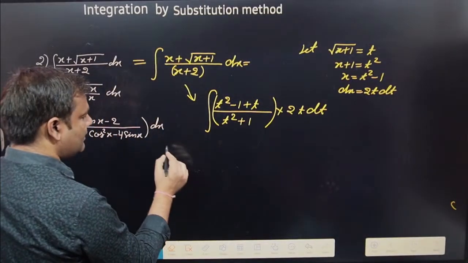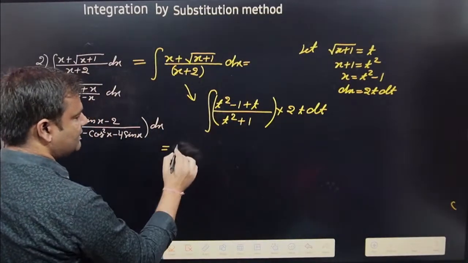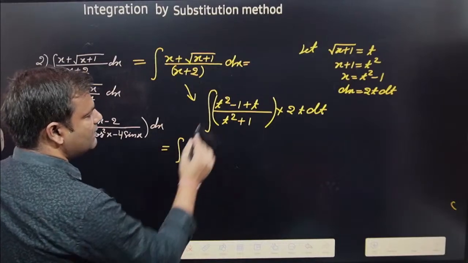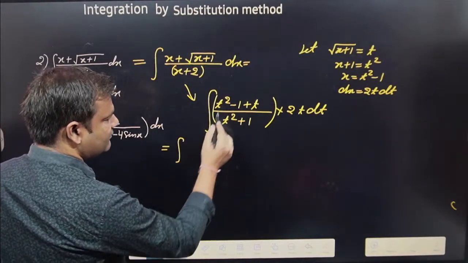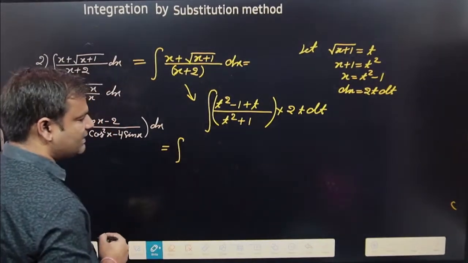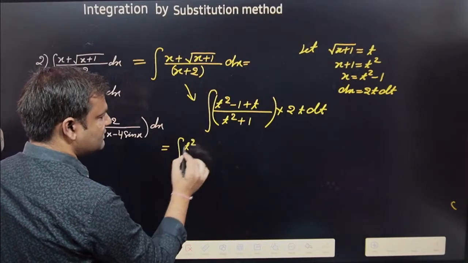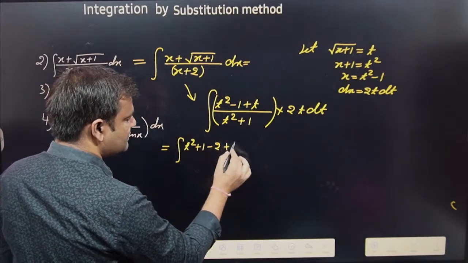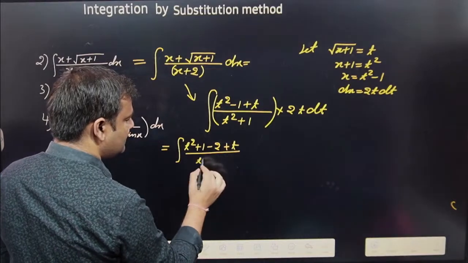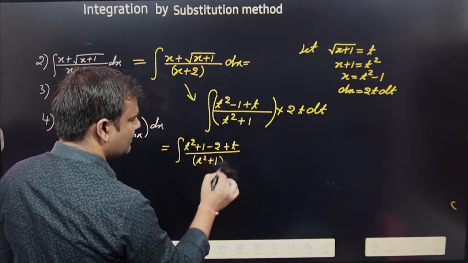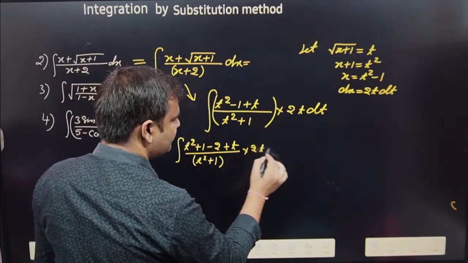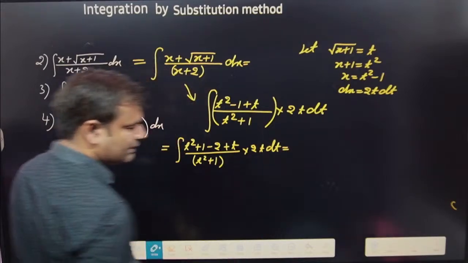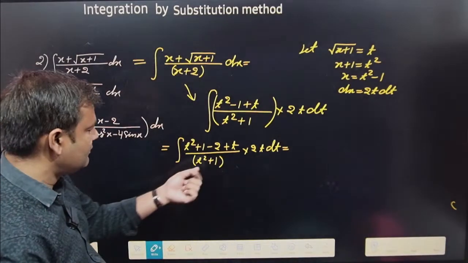So now after that, this one is written t square minus 1. If one is adding and one is subtracting, then we get t square plus 1 minus 2 plus t divided by t square plus 1, and that is 2t dt. Okay, after that, look very carefully.